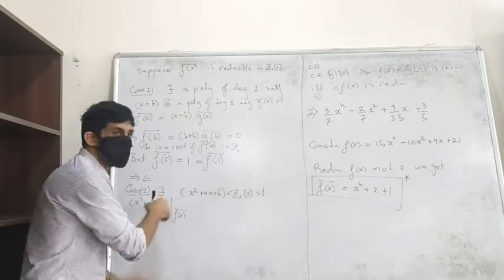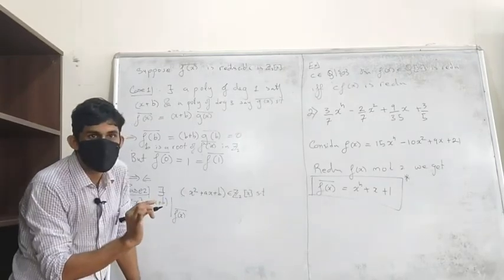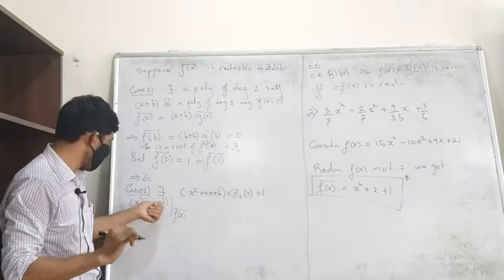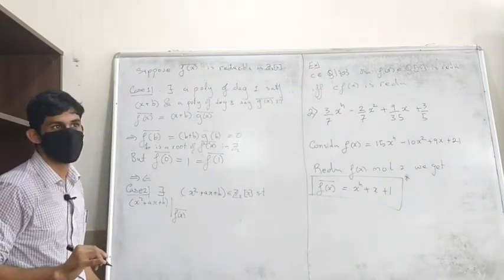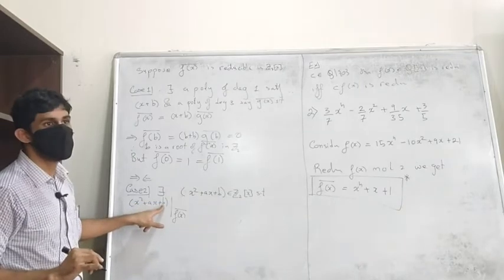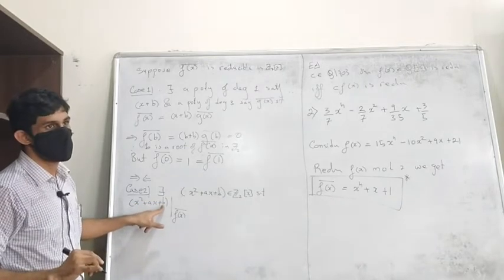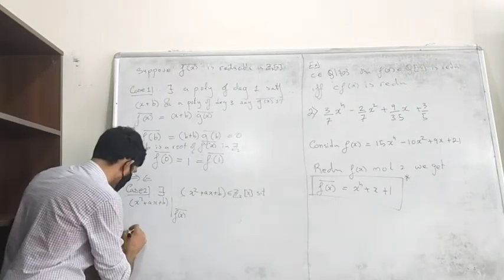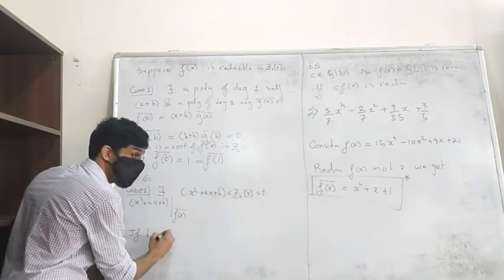So obviously b cannot be 0, right? Why can b not be 0? Can anyone tell me? What would happen if b is 0?